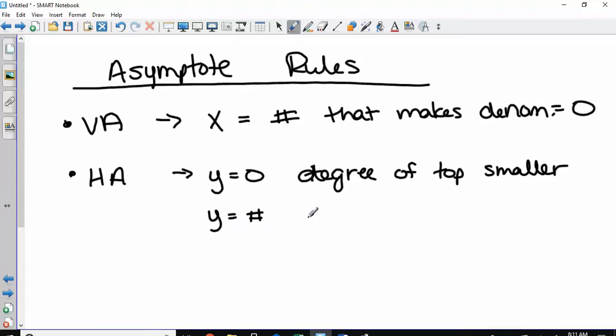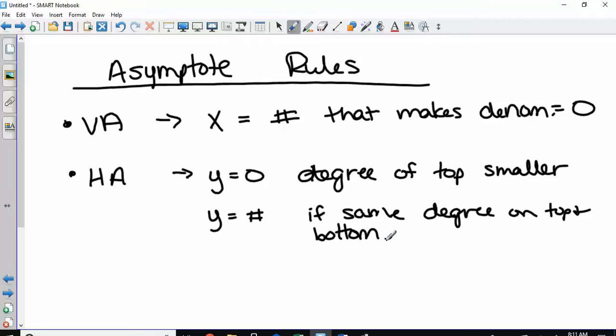You will get y equals a number if it's the same degree on top and bottom, in which case you divide the leading coefficients. Which I think we did one example yesterday, and that was the scenario. It was like x squared over x squared. So we divided those leading coefficients.